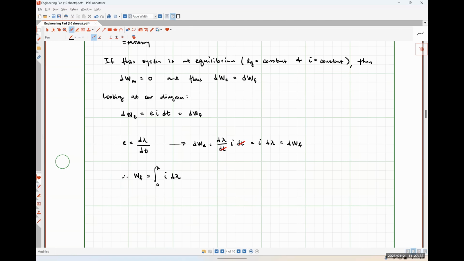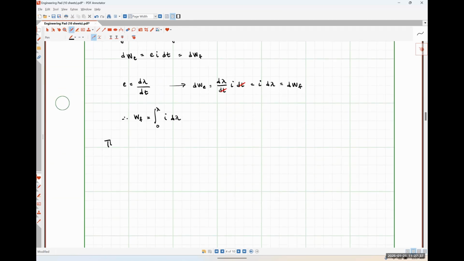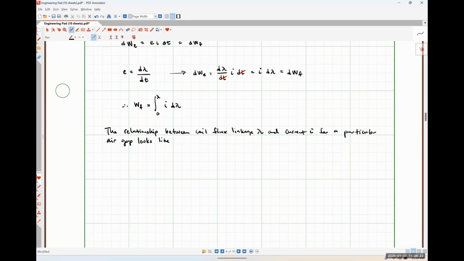Okay. So the relationship between coil flux linkage and current for a particular air gap looks like this graph.